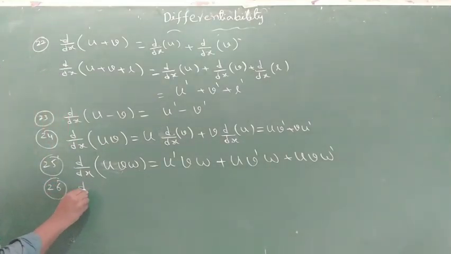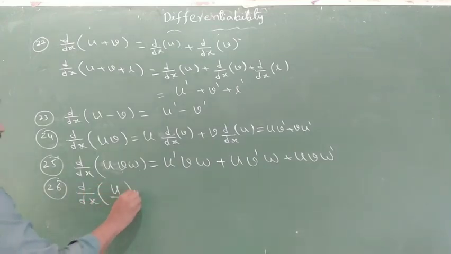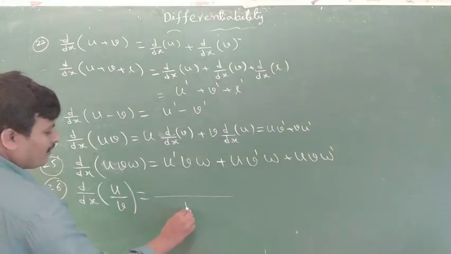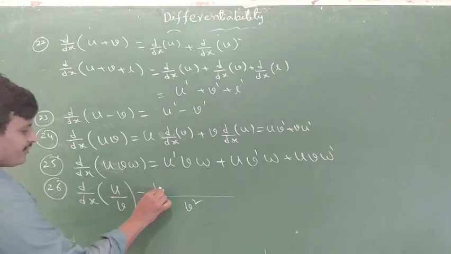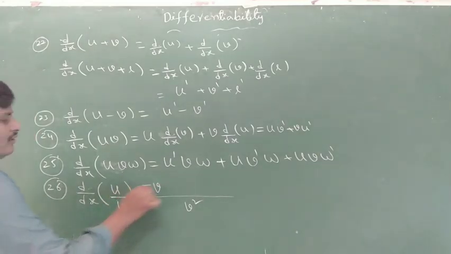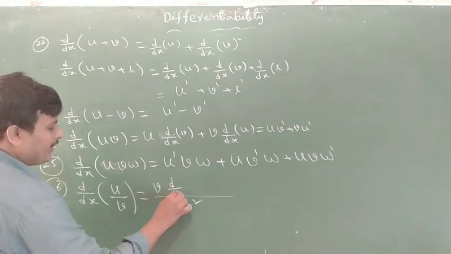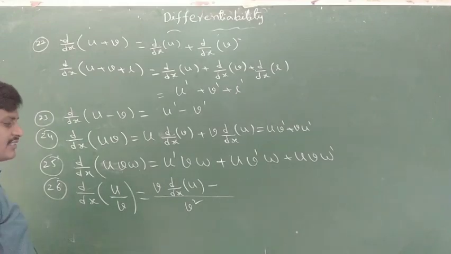Next another very important formula, the u by v formula. U by v means first of all the denominator v square. Starting with v, not u, and derivative of u, d by dx of u, minus, not plus, minus.